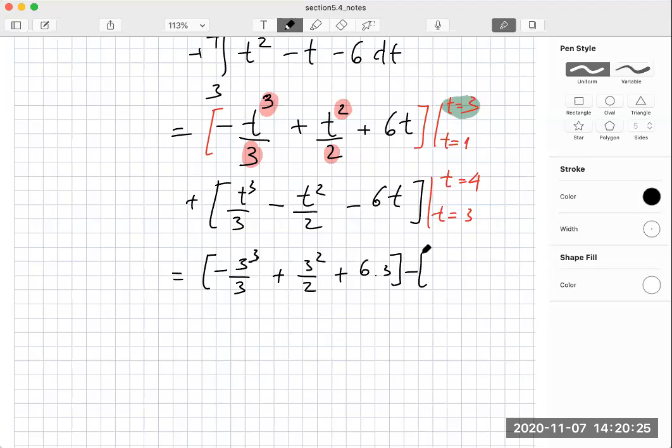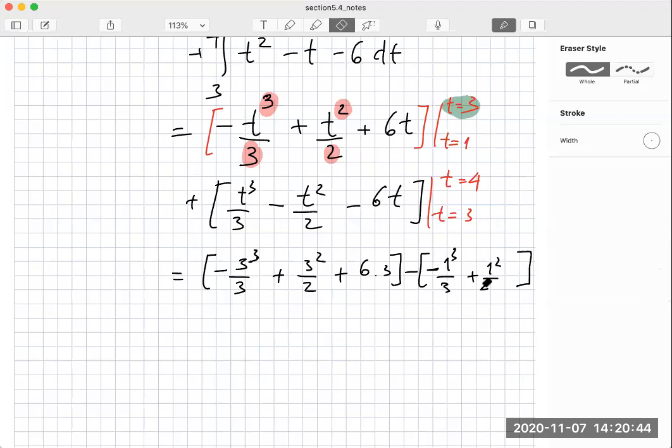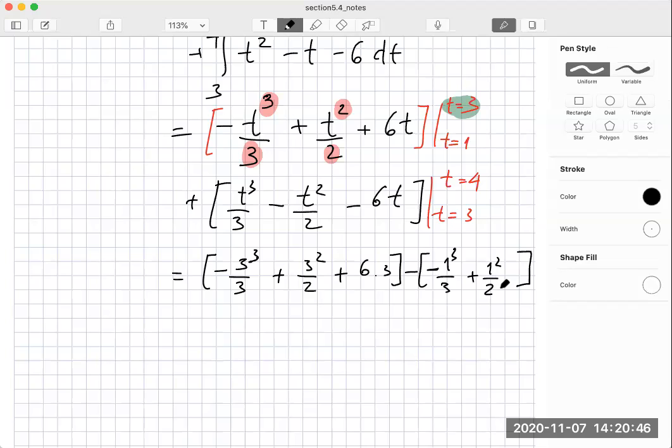Minus the substitution of t equal to 1 here, which gives us negative of 1 cubed divided by 3 plus 1 squared divided by 2 plus 6 times 1, right? That is the first integral.